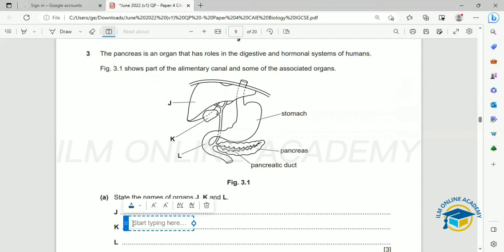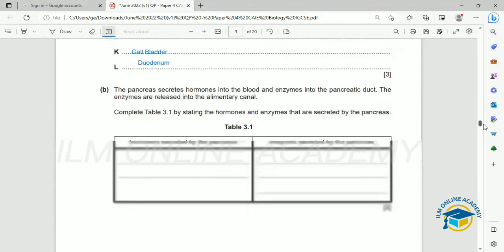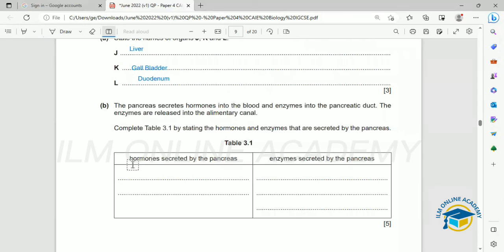Duodenum then extends to the small intestine, so you can write it either way.